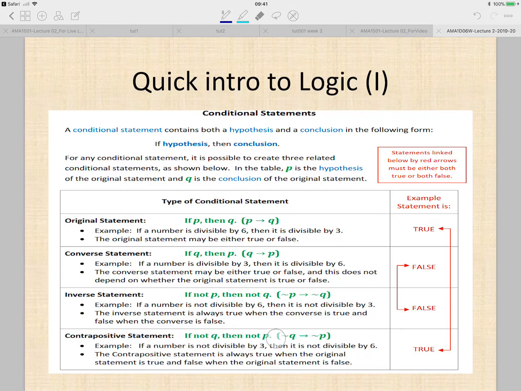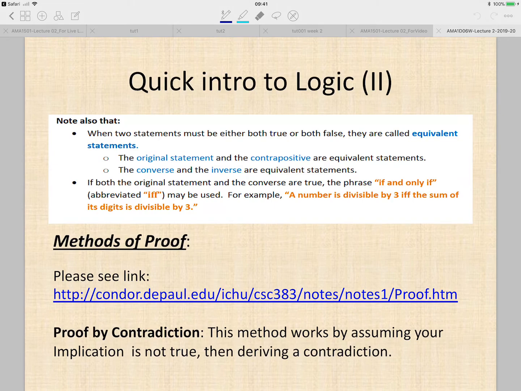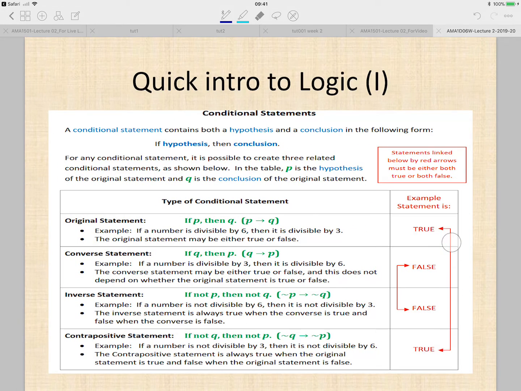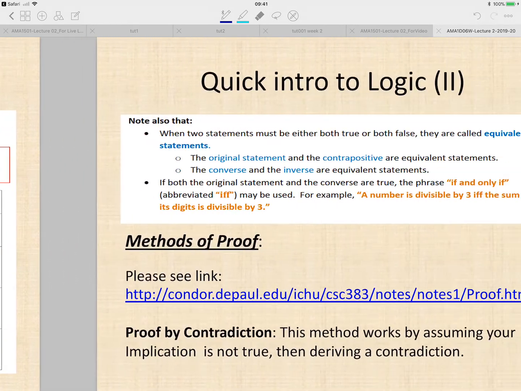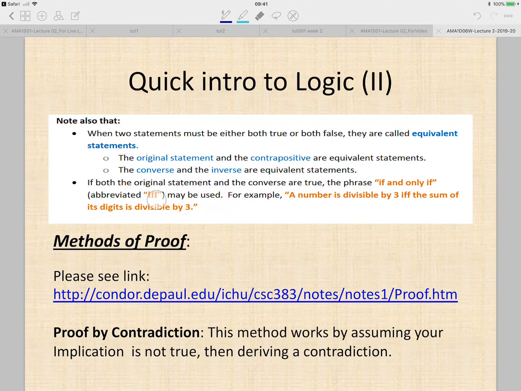So if a number is not divisible by 3, then it's not divisible by 6. So the original statement and the contrapositive are equivalent, and the converse and inverse are equivalent statements too.